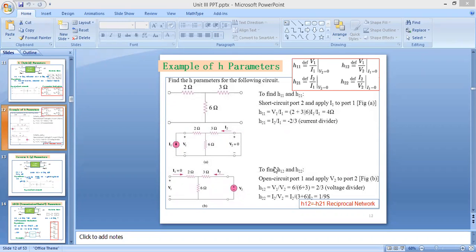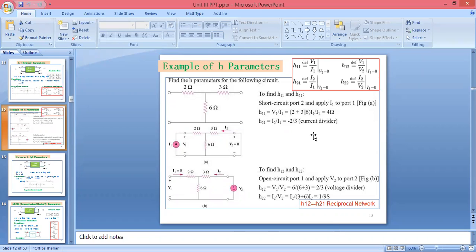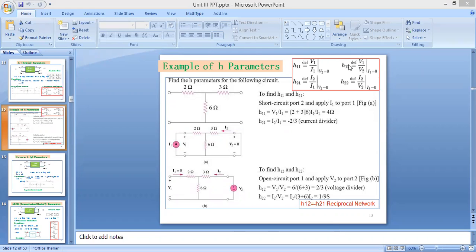Now we are supposed to find H12 and H22. How can we derive H12 and H22? Again, we can use our formulas. You can see here, we have the formula for H12 as V1 upon V2, when the value of current I1 will be 0. Now we are supposed to consider I1 as 0 ampere.